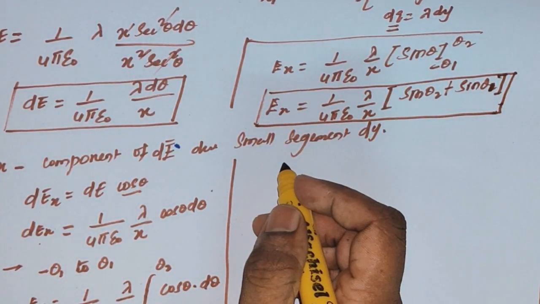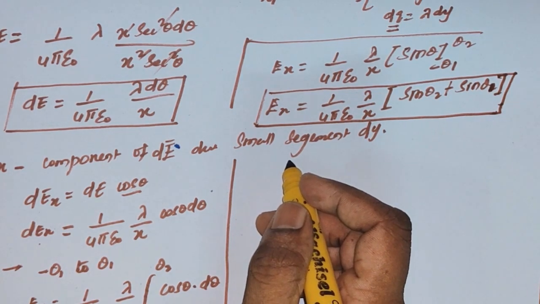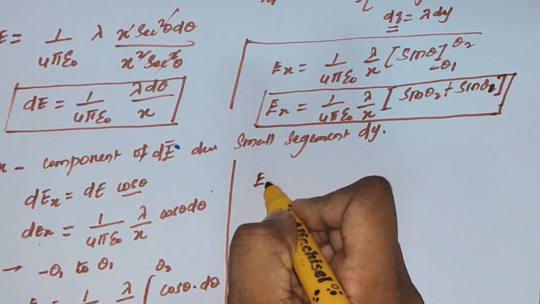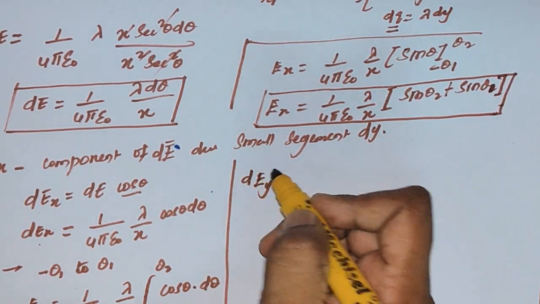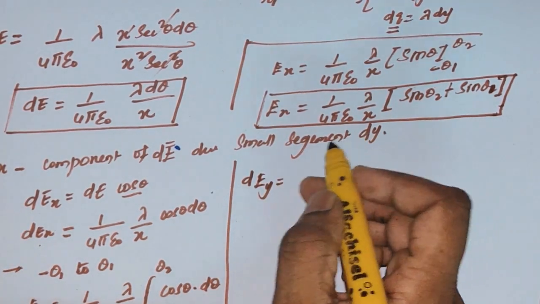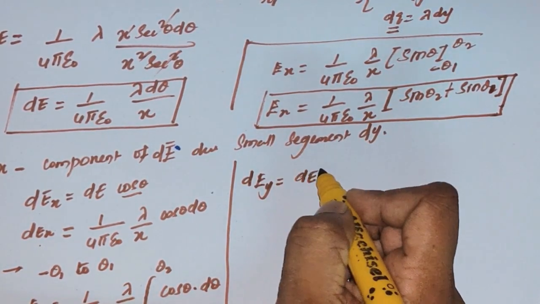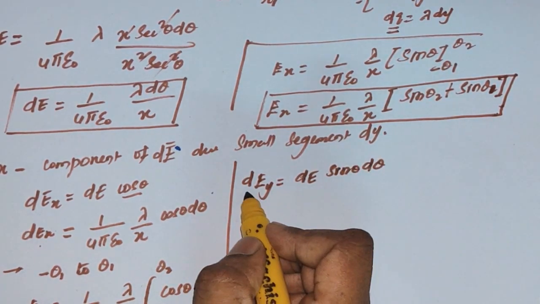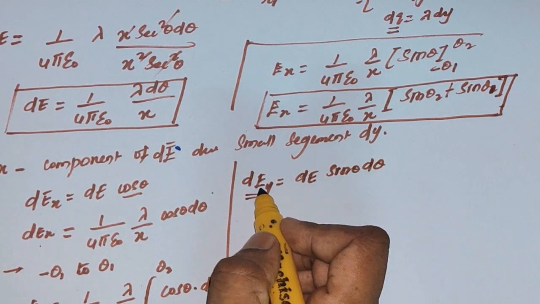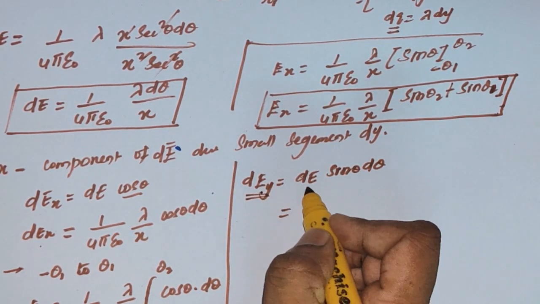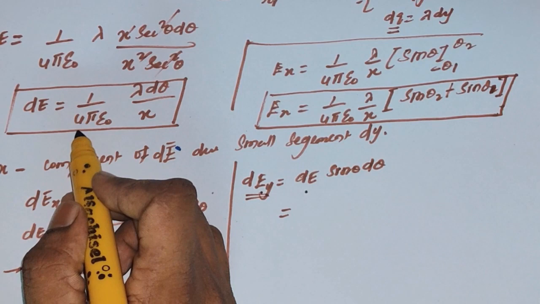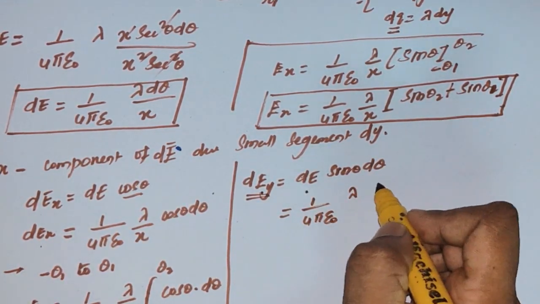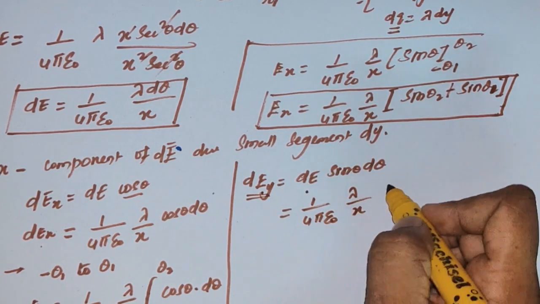Next we need to find the y component of the electric field. In the same way, calculating the y component, dEy due to the small segment dy is equal to dE times sin theta. This is the y component of the electric field due to the small segment dy. We know what dE is: 1 by 4 pi epsilon naught, lambda by x, times d theta.